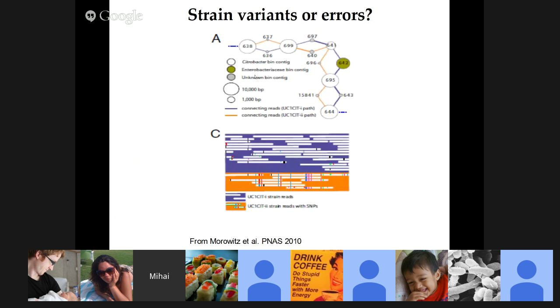You can also look at situations where there are true strain variants in the data. So here's a representation of an assembly graph, where there are two paths of the graph corresponding to two different genomes, the Citrobacter strains that I showed you earlier. And you can see that in the same place in an assembly, you might have differences between the reads and so on.